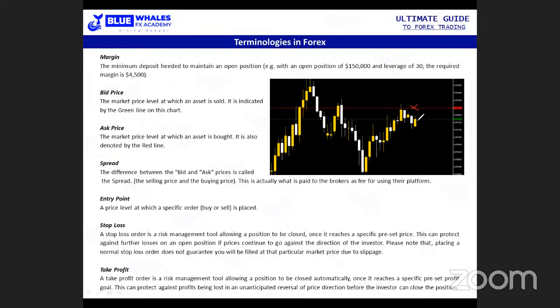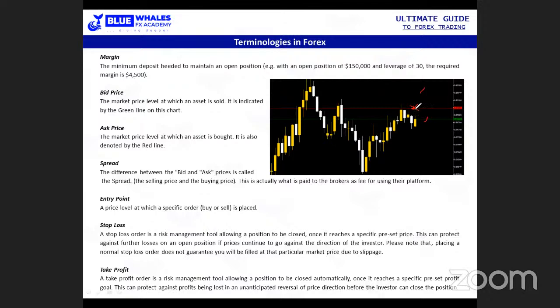Why? Because of spread. So instead of the original price, it will be bought here. Once it's bought here, now this will give me my original profit. So this one has to come above this to give me profit.